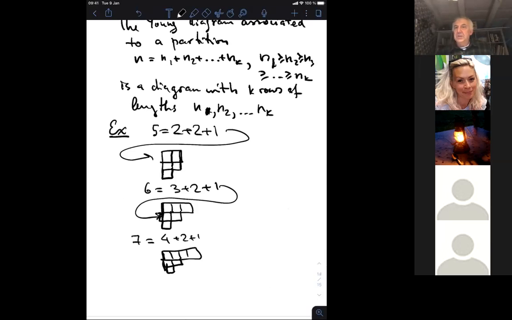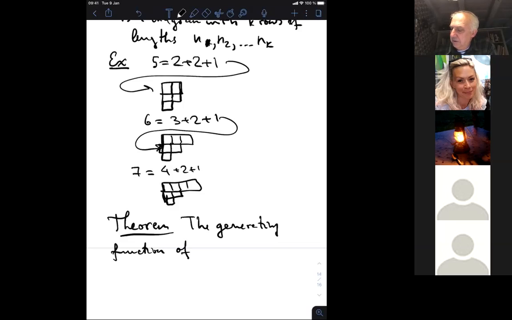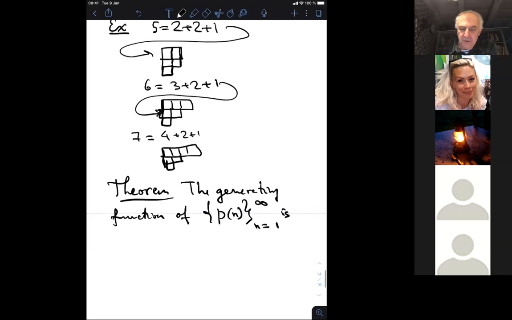Okay, so our last statement for today would be the following theorem. The generating function of the sequence pn, where n runs from 1 to infinity, is the following product.